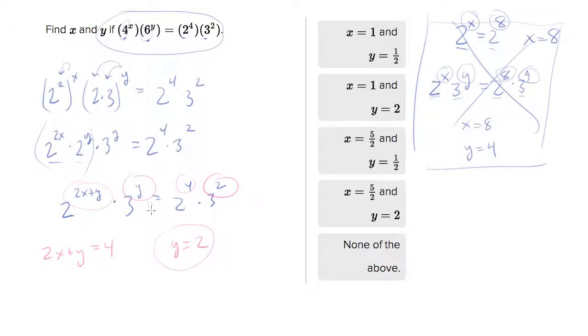Well, this isn't exactly the answer, but it's close. If y is 2, we can plug that in here to solve for x. So we'll get 2x plus 2 equals 4, or 2x equals 2, or x equals 1. So if x is 1 and y is 2, is that an answer choice? Yes, that is the second one.